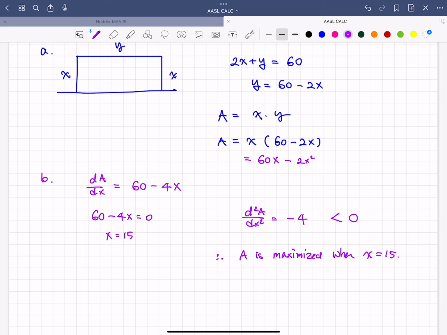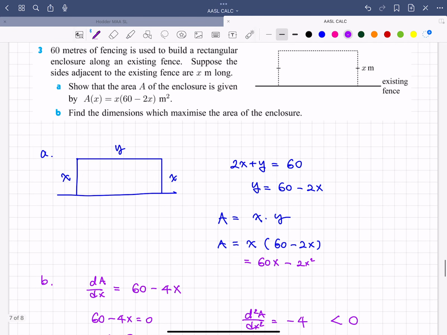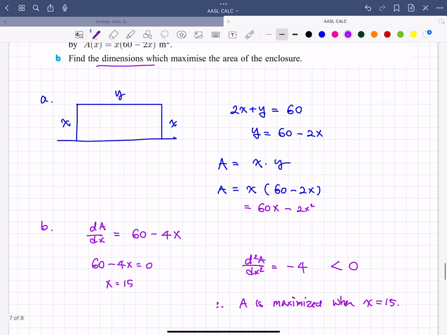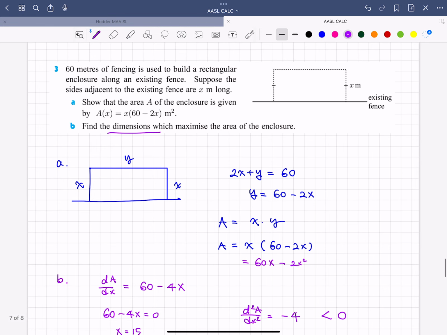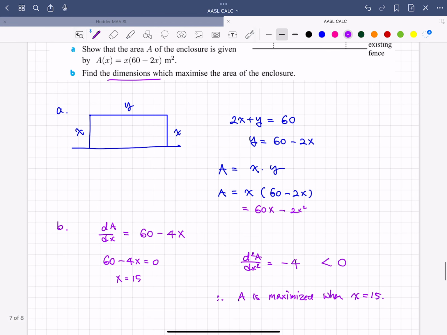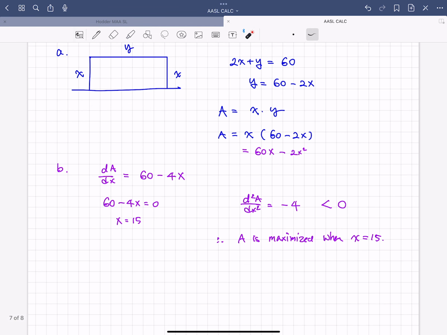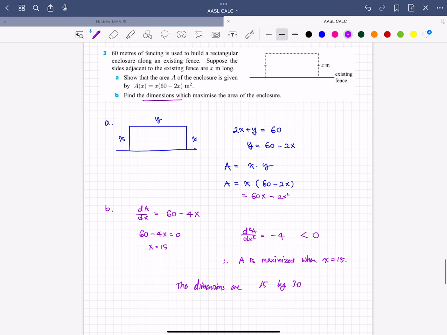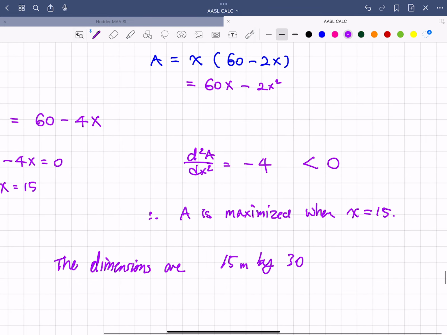But I'm not done, because the question asked to find the dimensions. So if x is 15, you have to figure out what y is, and you can quickly do it. Here, y should be 30. So the dimensions are 15 by 30. Is it meters? Yeah, 15 meters by 30 meters.